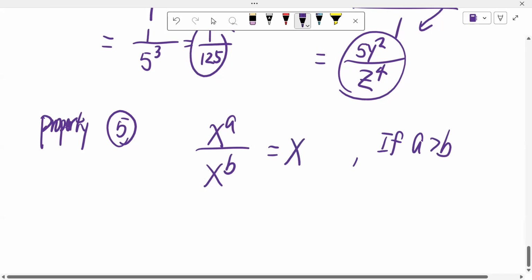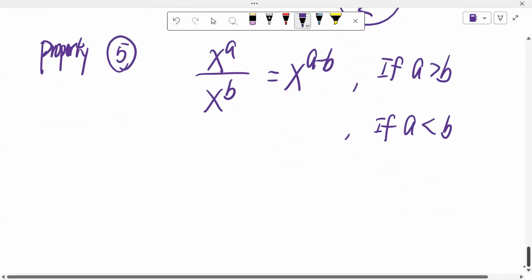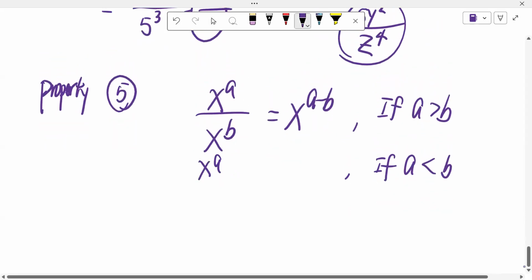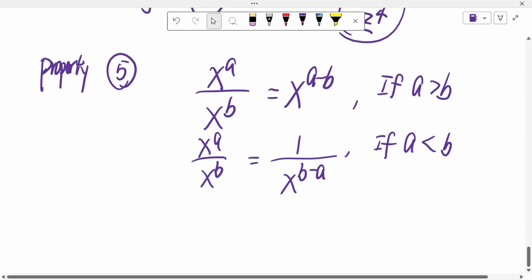Then you do a minus b and keep it on the top. Second scenario is the power on top is smaller than the power on the bottom. And you do 1 over, using the power on the bottom minus the power on the top, and keep it on the bottom, on the denominator.